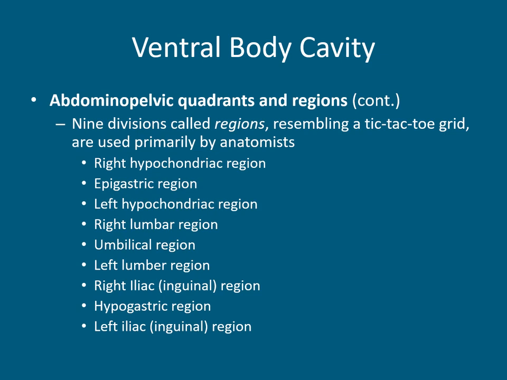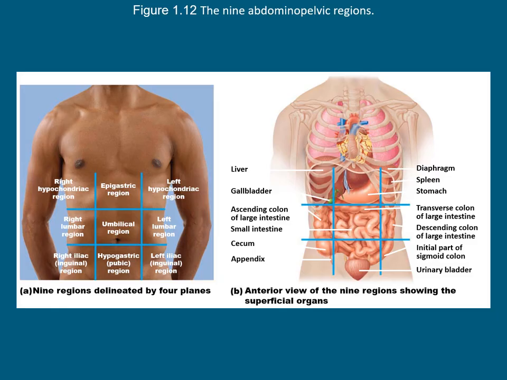And then below that will be a right lumbar region, umbilical region, left lumbar region. And then below that will be the right iliac or inguinal region, hypogastric region, and the left iliac or inguinal region. So it's often described as like a tic-tac-toe grid. So you've taken the quadrant and now you divide it into smaller regions here.